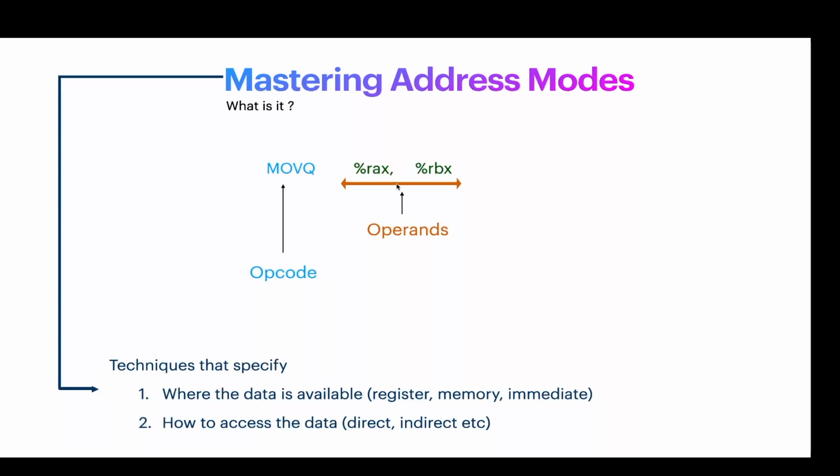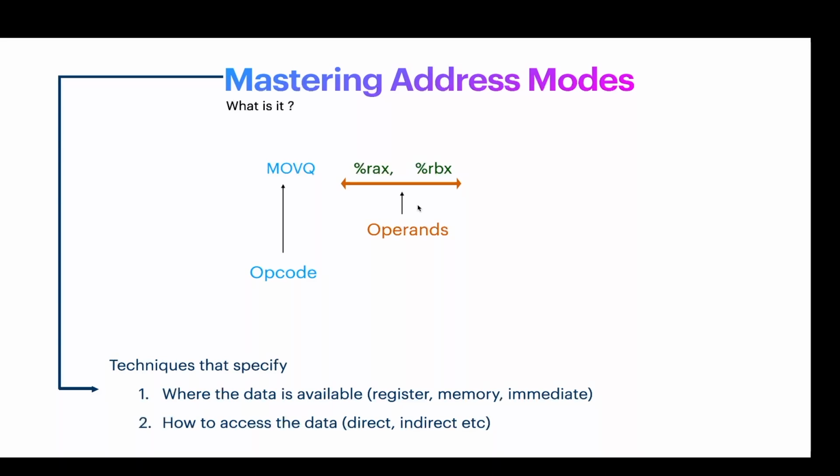And the second thing is, it provides information on how to access that information. So even though the data is available in the register, is it directly available or indirectly available? Don't worry about that. We'll look into that with very specific examples in the next couple of slides.